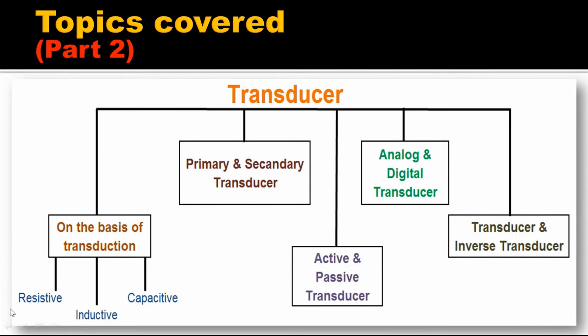Transducers or sensors can be classified according to their application, method of energy conversion, nature of output signal, and so on. I will be talking about each of the transducers mentioned here.